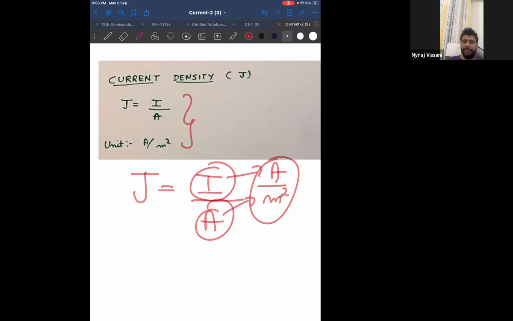Now give me the dimensions. Ampere per meter square. Give me the dimensions of current density.